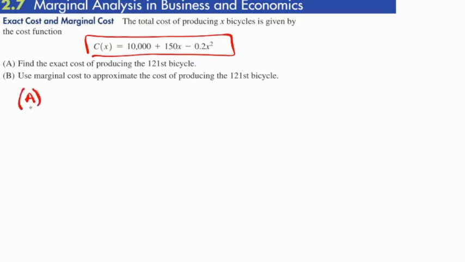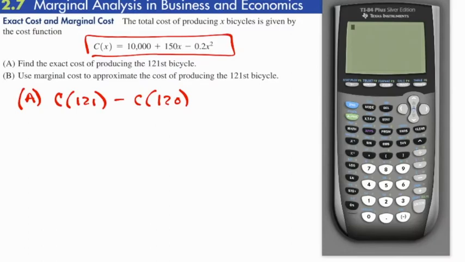So for part A, we're going to do C of 121 minus C of 120. So C of 121, we get $25,221.80.